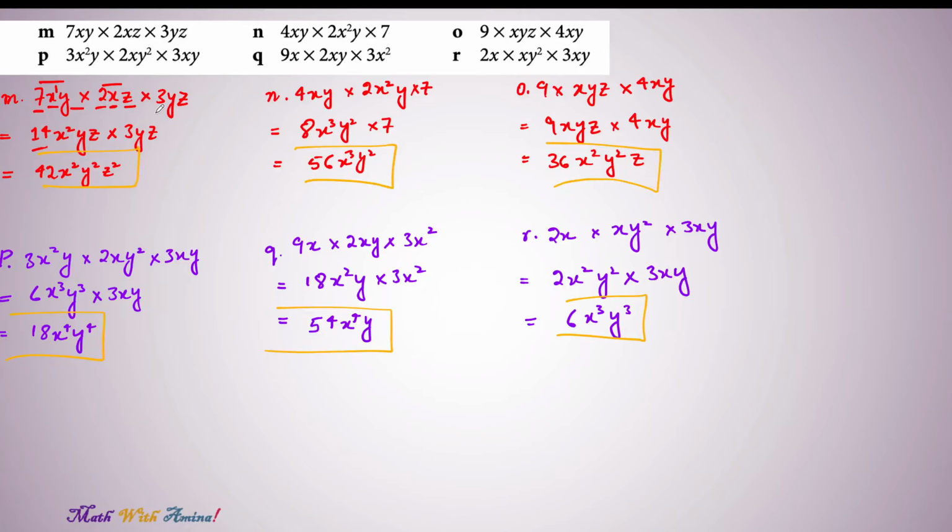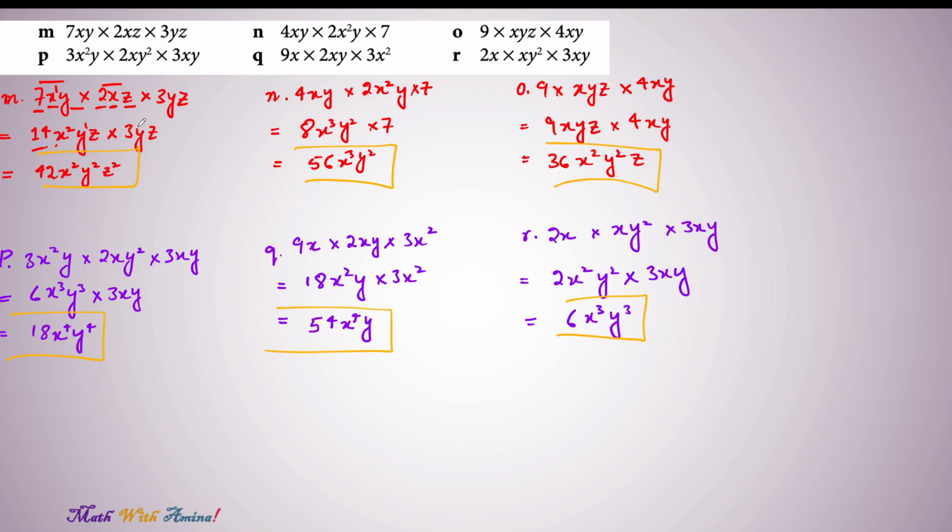Then we will multiply this term with 3yz, so the coefficient of the variables will get multiplied with each other. 14 multiplied by 3 is equal to 42. Then x squared, since we do not have x squared in this term, so we will write it as it is. Y gets multiplied with y. The variables are same, so their powers will be added.